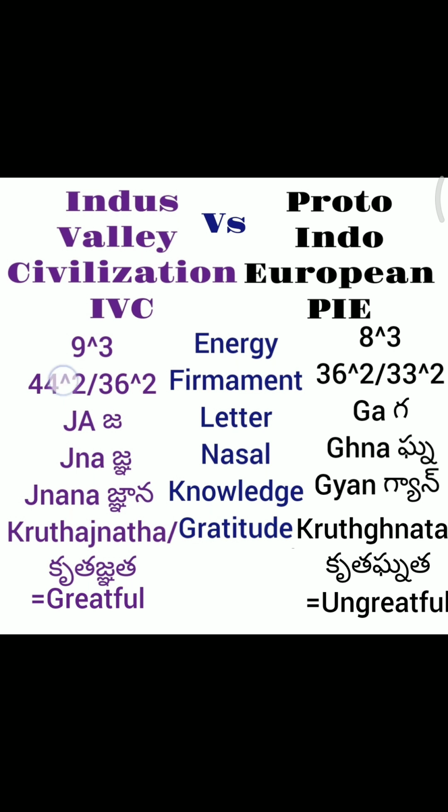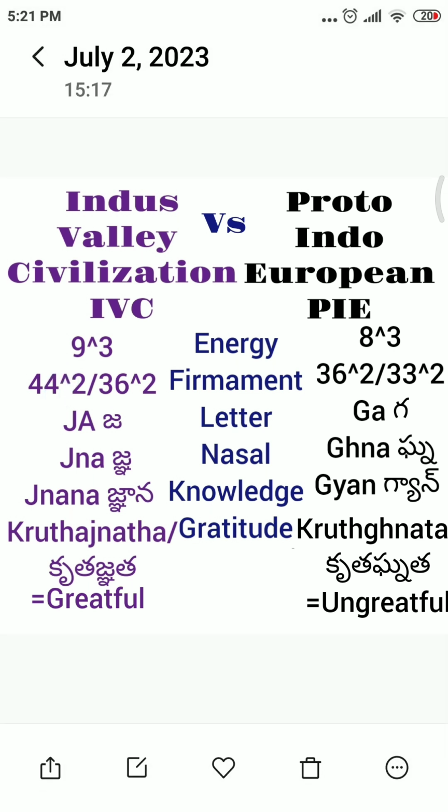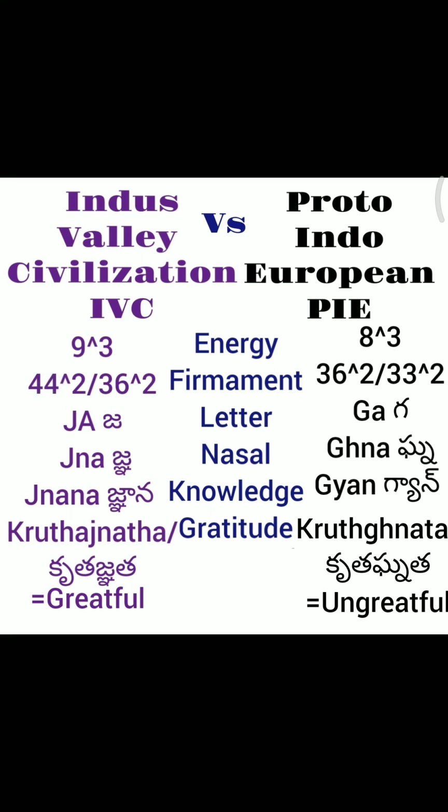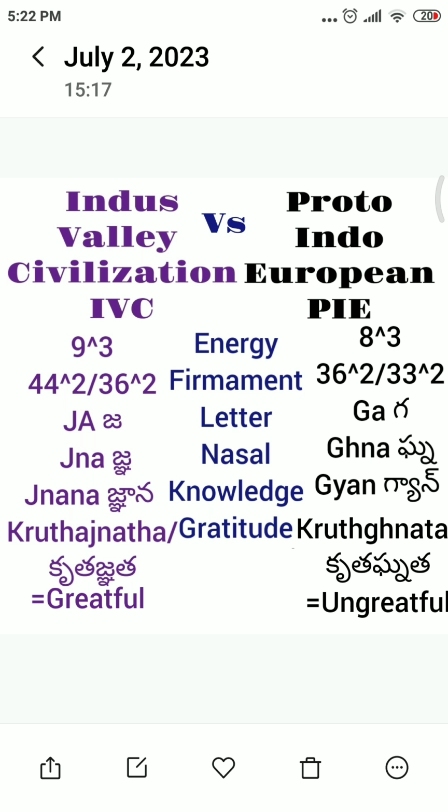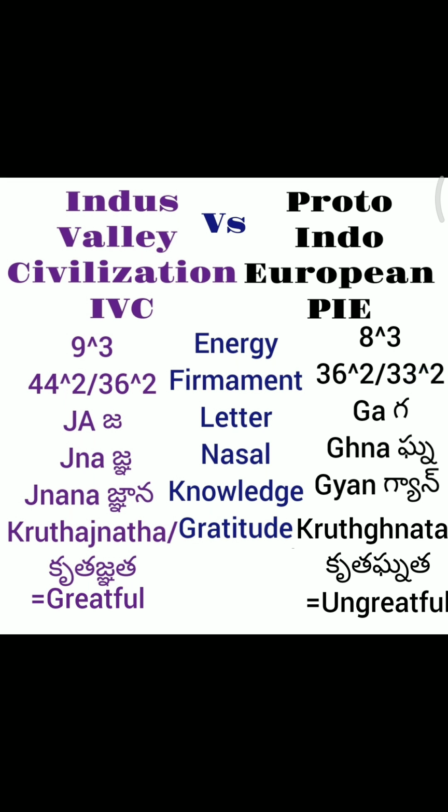Excuse me, this is 4-eyed. So 4 into 11. The letter corresponding to 36 squared is Ja, as I told you just now. The letter corresponding to 33 squared is Ga.